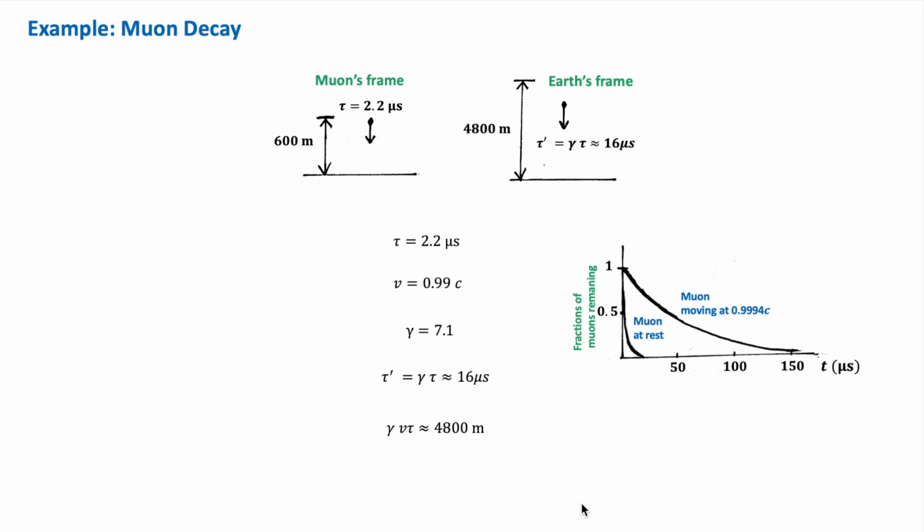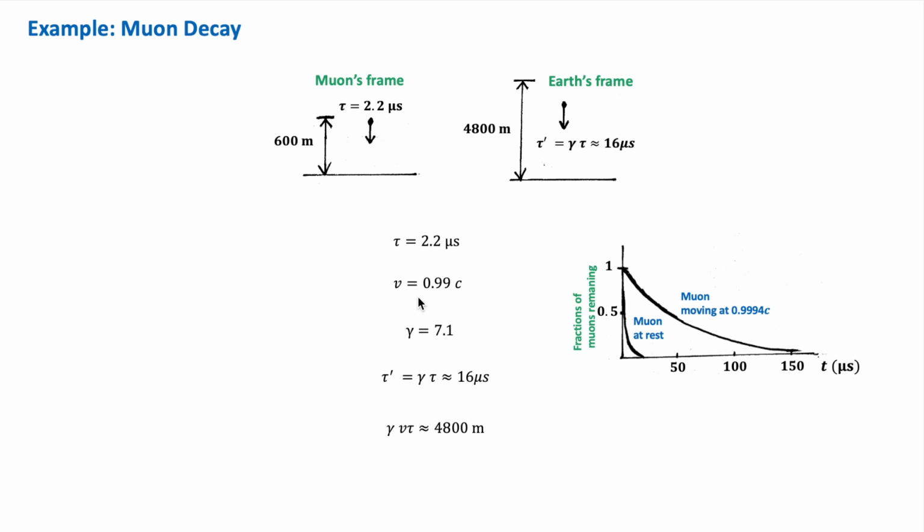And so they cannot reach the Earth from the upper atmosphere because they only travel 600 meters, right? But experiments show that a large number of muons do reach Earth, and the phenomena of time dilation can explain this effect. So relative to an observer on Earth, the muon's average lifetime is gamma tau, okay? And tau is equal to 2.2 microseconds, and it is the lifetime in a frame of reference traveling with the muons, okay?